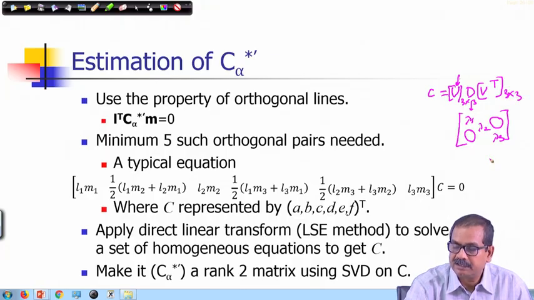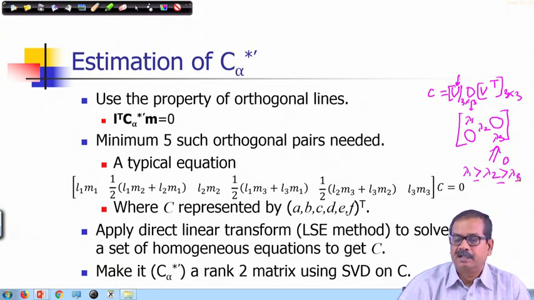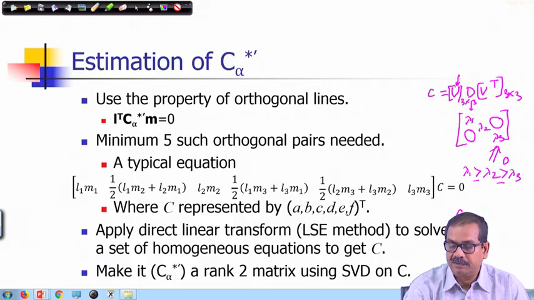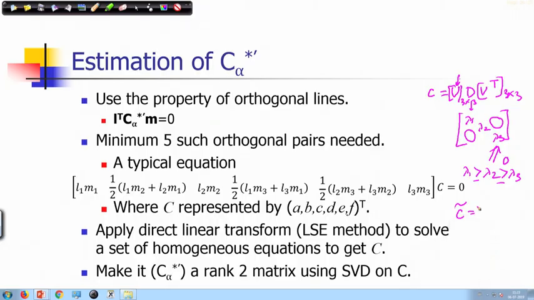So, what we can do is set lambda 3 equal to 0, and suppose lambda 1 has been rearranged in that way, lambda 1 is the maximum, then lambda 2 and then lambda 3. So, set lambda 3 equal to 0 and then use that modified matrix as your estimate. So, use U D tilde V transpose, where D tilde is the diagonal matrix with lambda 3 set to 0.